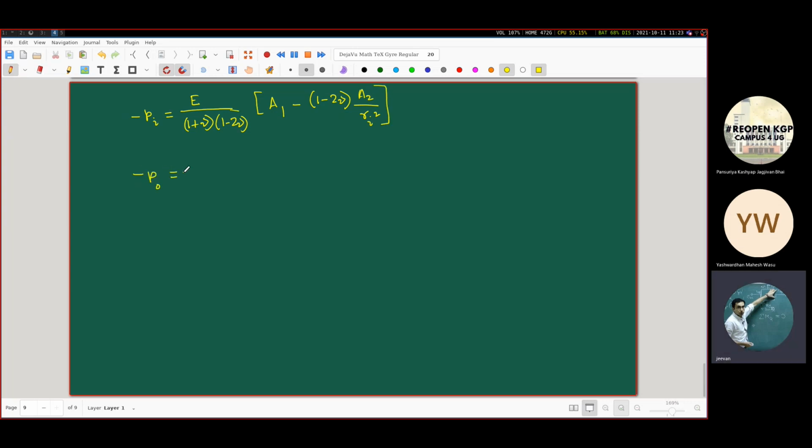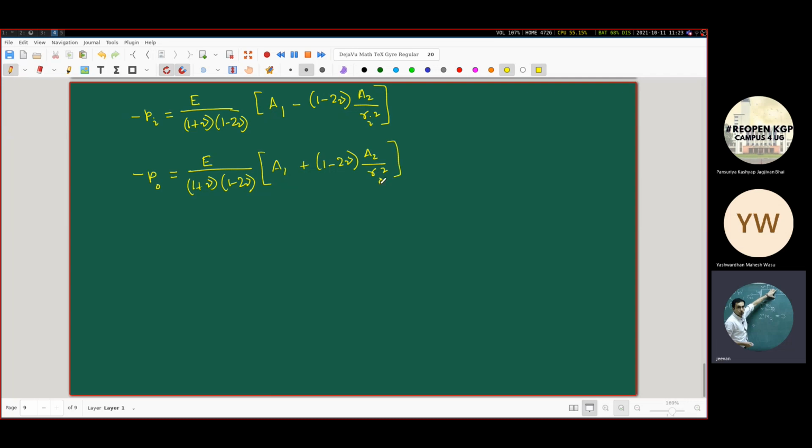And from the second boundary condition you are going to obtain minus P naught divided by E is equal to 1 by (1 plus nu)(1 minus 2 nu) [A1 plus (1 minus 2 nu) A2 by R naught square].